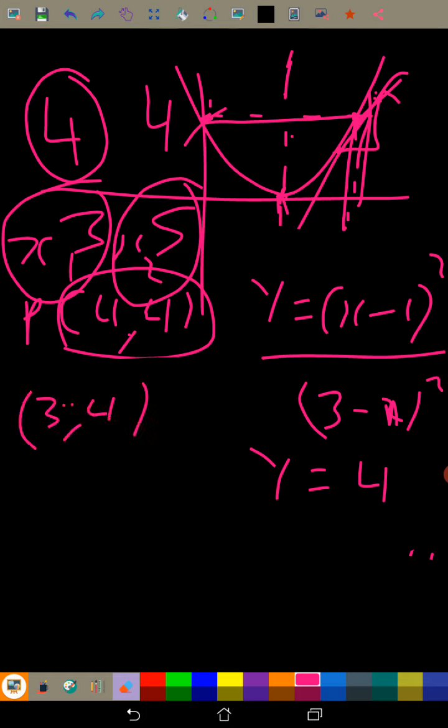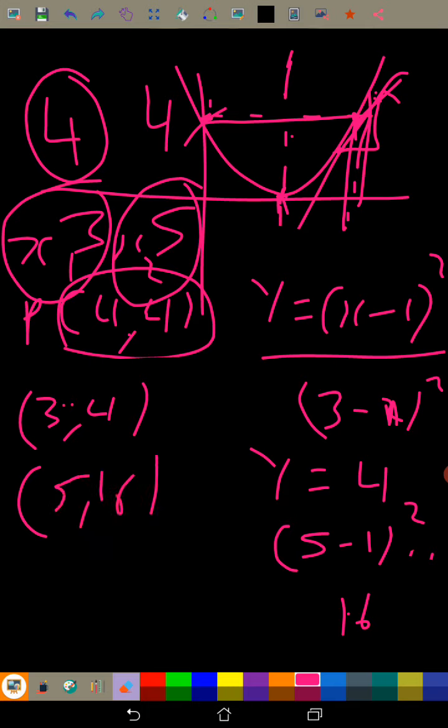And when x is 5, we'll get 4, which is 16, I guess. So we have 5, 16.